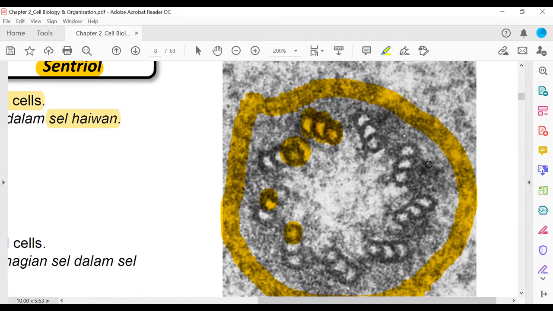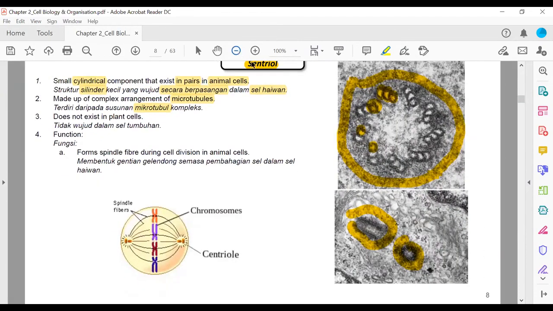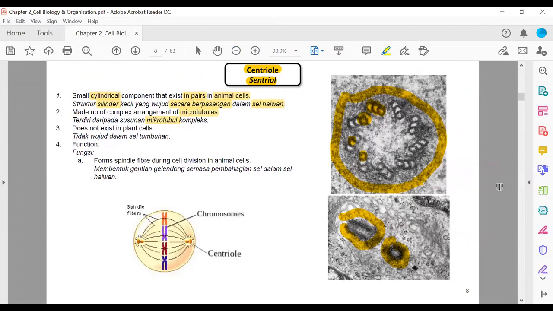Anyhow, I don't want to show you the picture of microtubule because a bit complicated. Alright, microtubule you akan belajar dengan lebih lanjut di tahap lebih tinggi, contohnya Form 6 and University. So now you just know that centriole is made from microtubule.